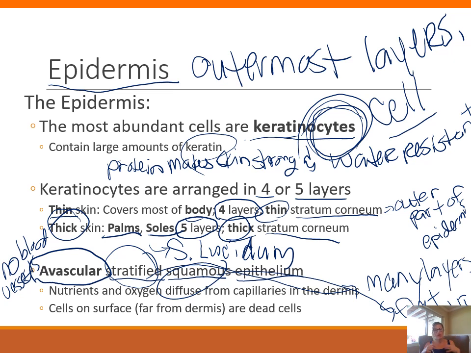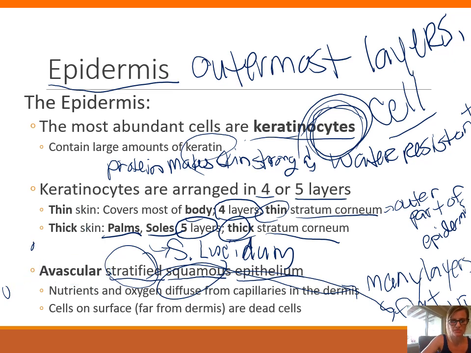So by the time we're at the top of the epidermis, the cells are very flat. That's why we call them squamous. Okay? So the epidermis is a stratified squamous epithelium, right? It's an area with a lot of layers of flat cells. Now, let's talk about this avascular thing.